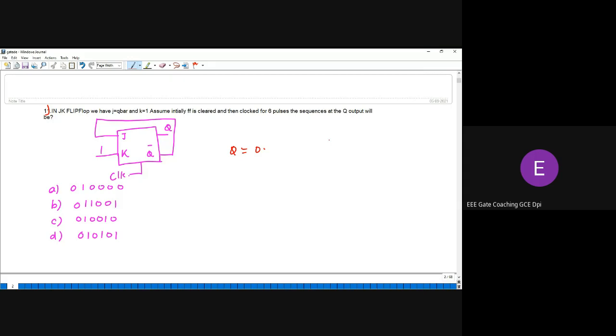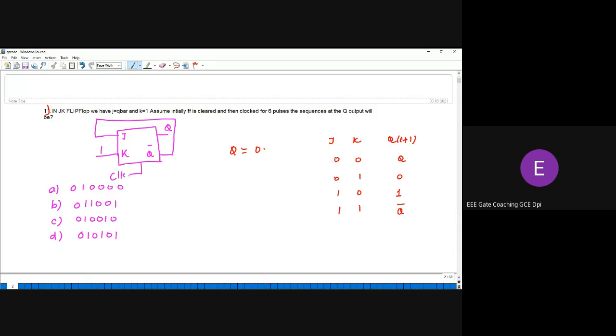So what is the functionality table of the JK flip flop? 0 0, 0 1, 1 0, 1 1. This is Q, and this is Q bar.